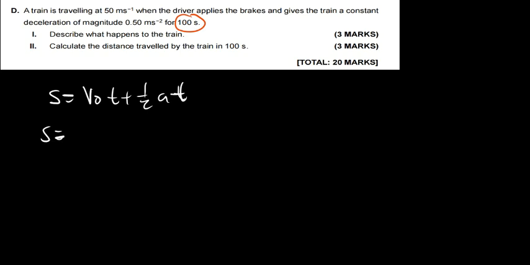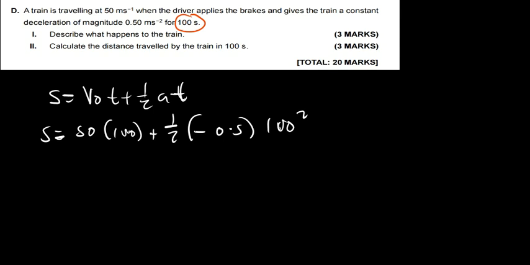The initial velocity is 50 times the time, 100, plus half. Now, one thing I want you to understand is the acceleration is going to be negative because it was decelerating. Time 100 squared.